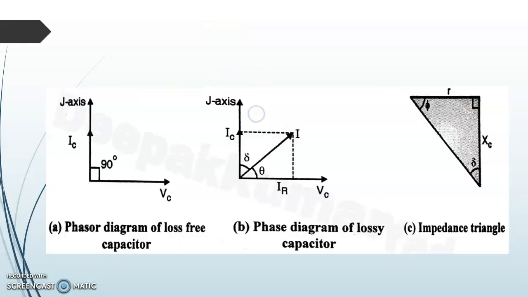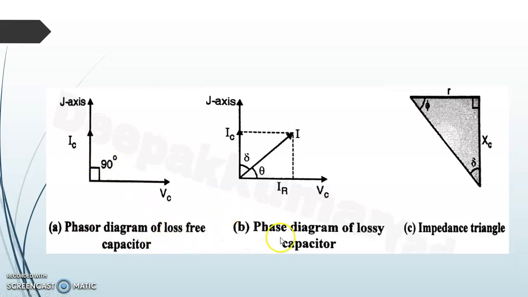Now, through this phasor diagram, we can find out the loss angle. In the ideal case, that is in the loss-free capacitor, IC leads the voltage VC by exactly 90 degrees.